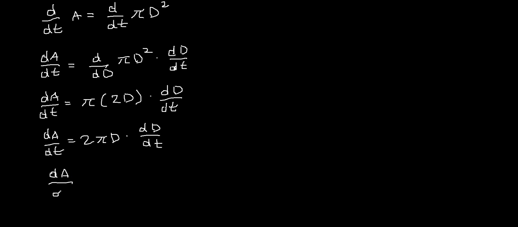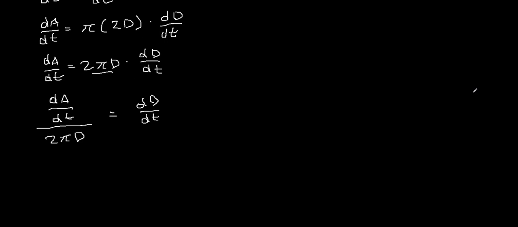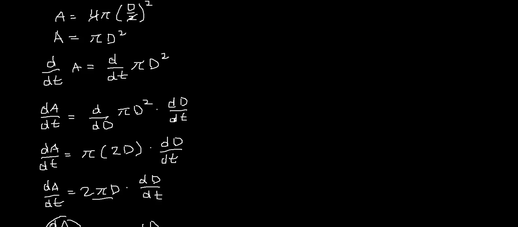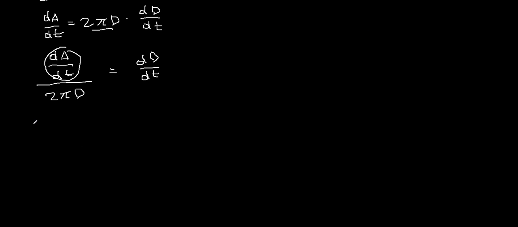dA over dt, divide both sides by this value, so over 2 pi d equals dd over dt. I don't like saying that, it is confusing. I should have picked another variable. Now this value is given in the question, and that is -1 centimeter squared per minute. You can choose if you want to keep the units. -1 over 2 pi.